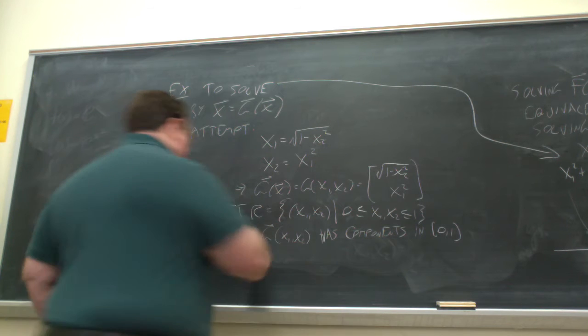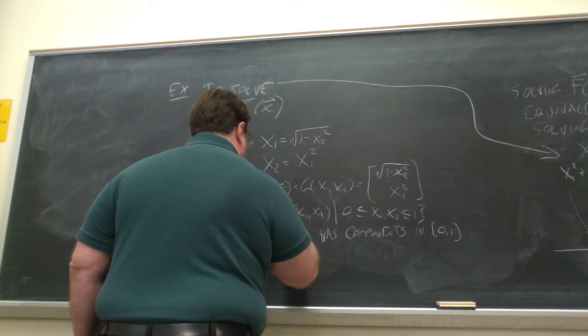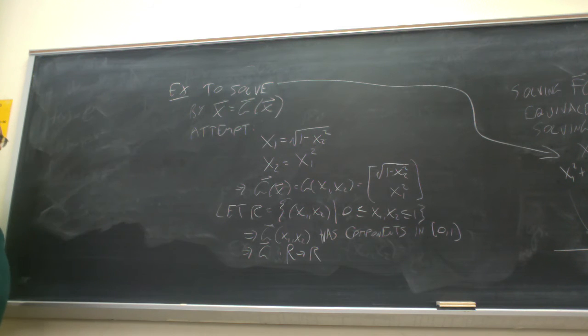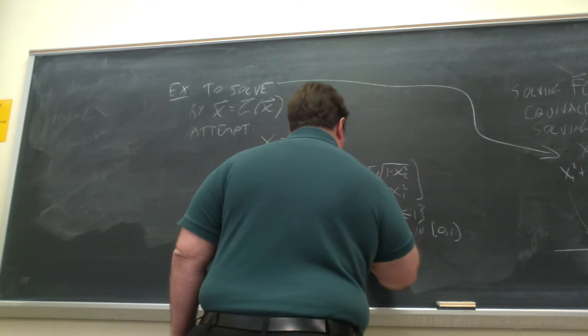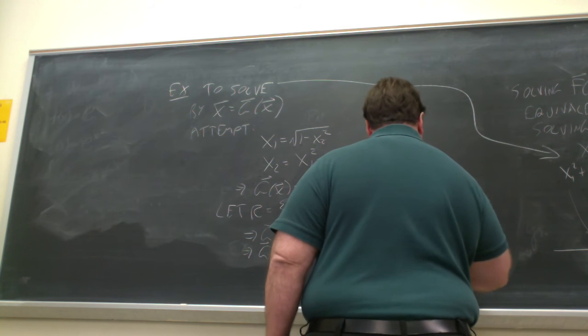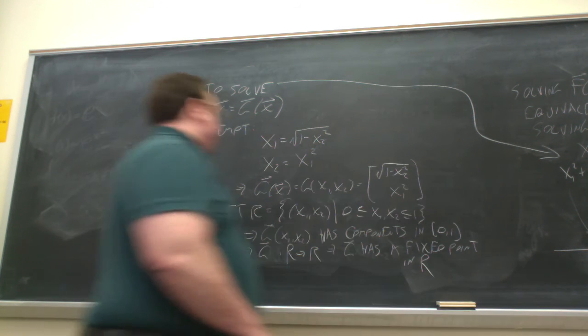So I can say that the function g maps R into itself. So any point in this square, g maps into another point in that square. Therefore I can conclude g at least has a fixed point within this square.